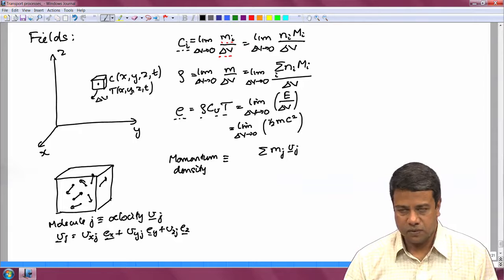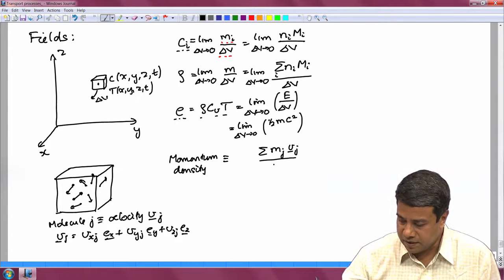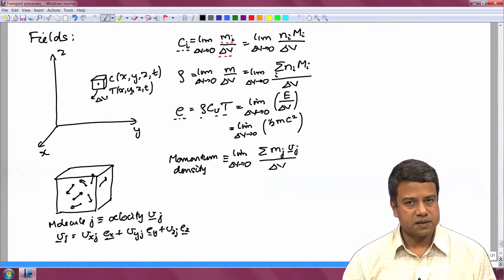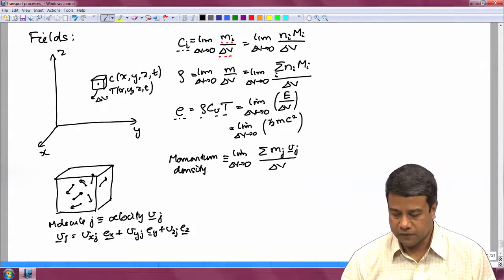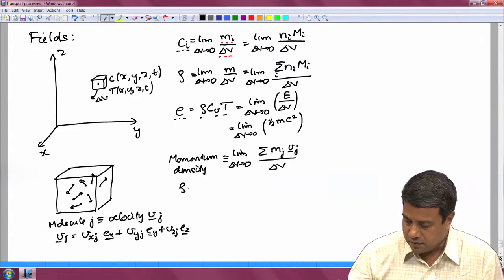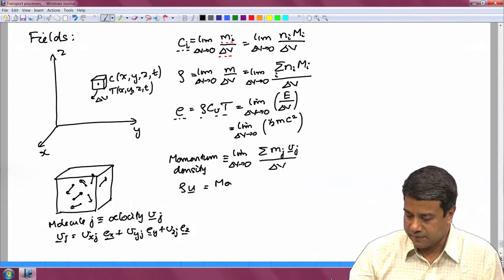So, I take the total momentum, the mass times the velocity of each molecule, and then divide that by the volume and take the limit as delta V goes to 0. Okay. So, that is the momentum density, and the fluid average velocity is defined as: the mass density times the mean velocity of the fluid is equal to the momentum density.